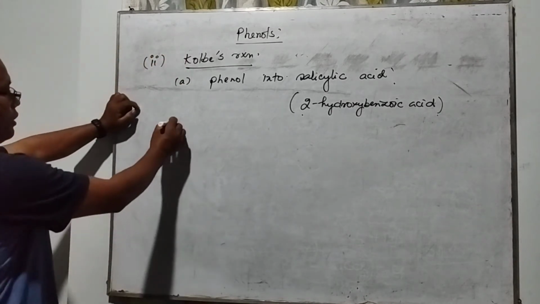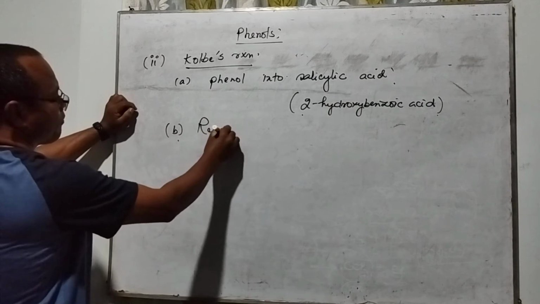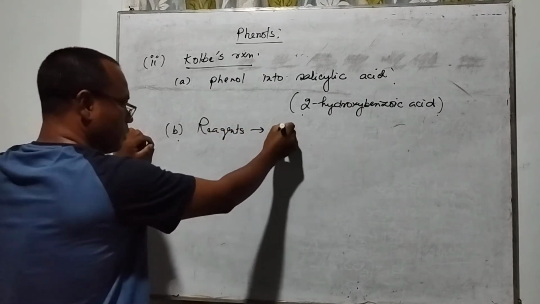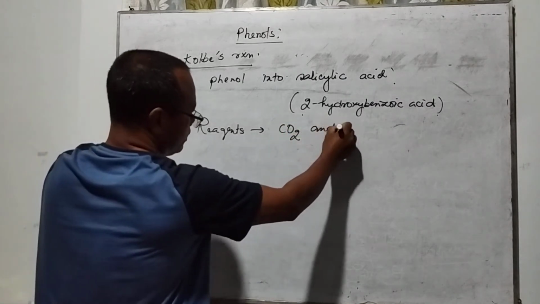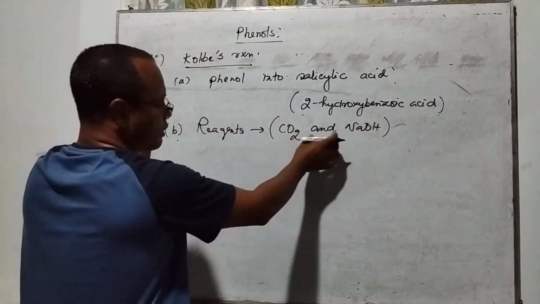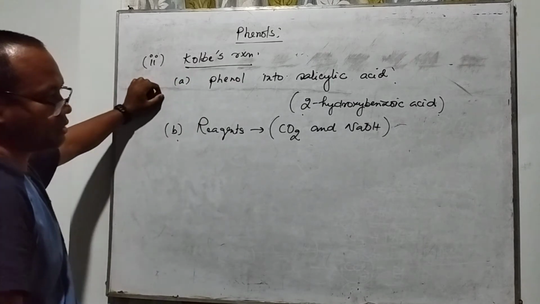What reagents are used here? The most important reagent is carbon dioxide, and the other is sodium hydroxide. Using carbon dioxide and sodium hydroxide, phenol is converted into salicylic acid.